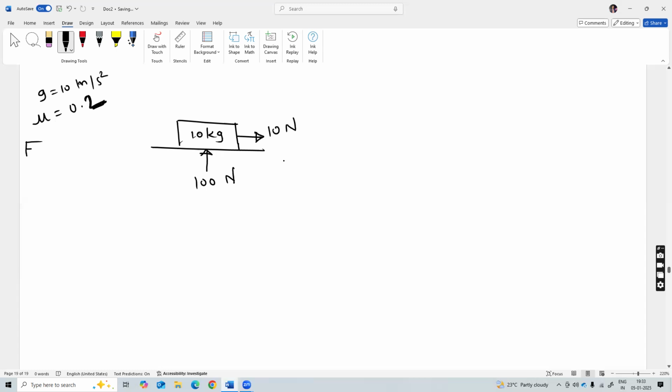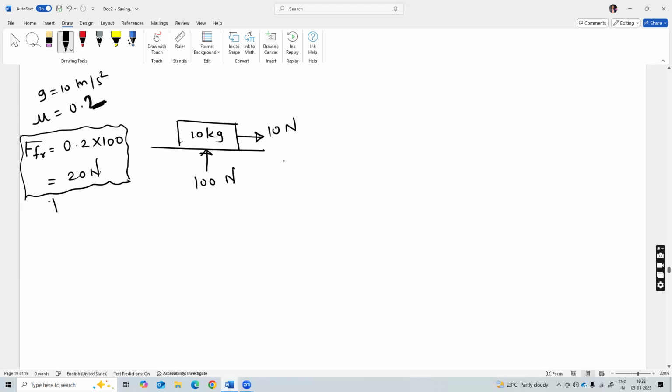So frictional force will be 0.2 into 100, that will be equal to 20 Newton. So basically this is the maximum frictional force that can act on this body, and it is fixed. So it is known as limiting friction.